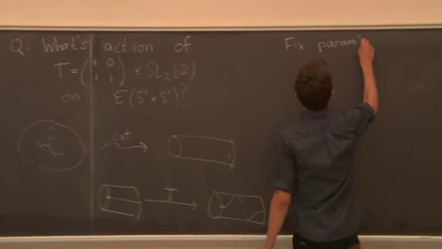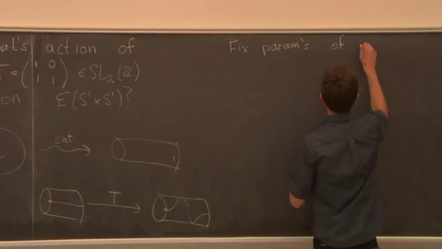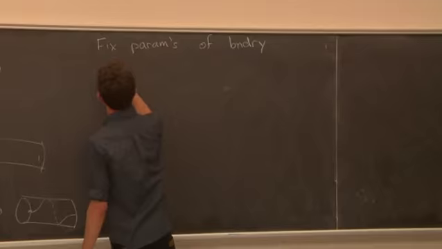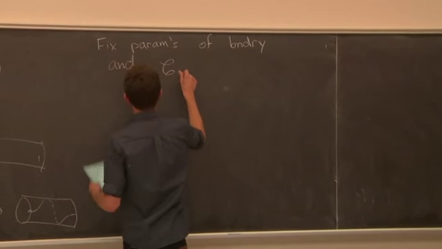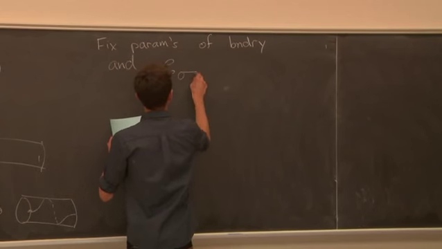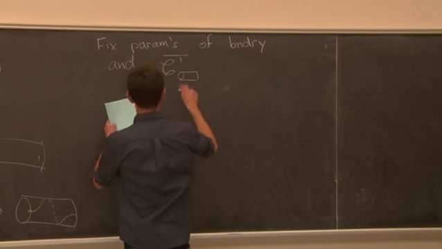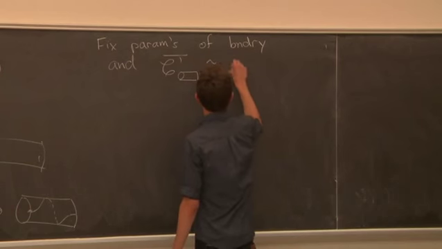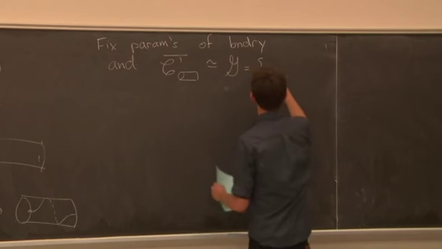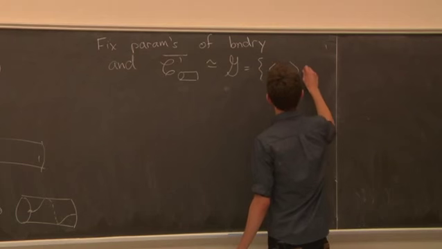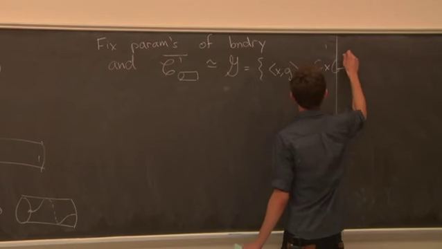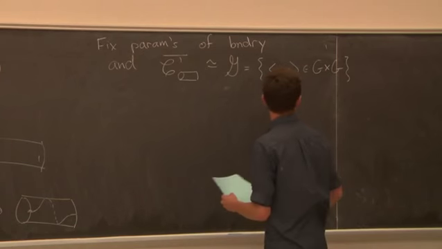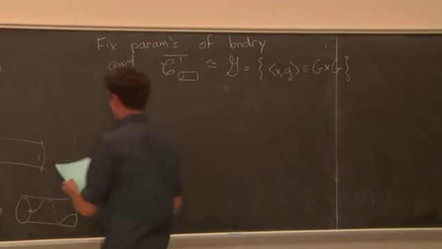So fix a parametrization of the boundary of the cylinder. And we're going to consider this associated groupoid of equivalence classes of pointed bundles over the circle, which, as we saw, was indexed by pairs of group elements. OK.